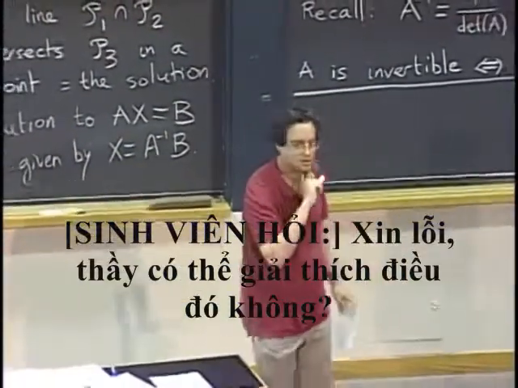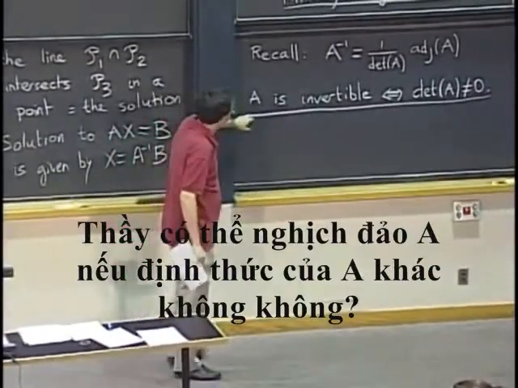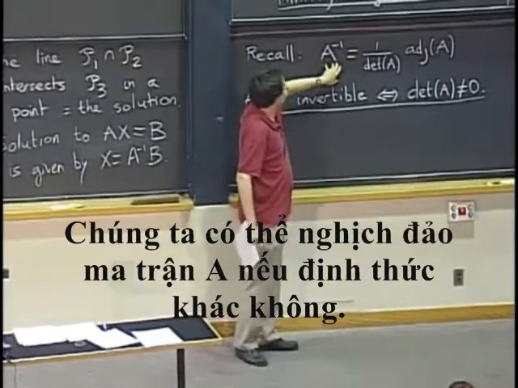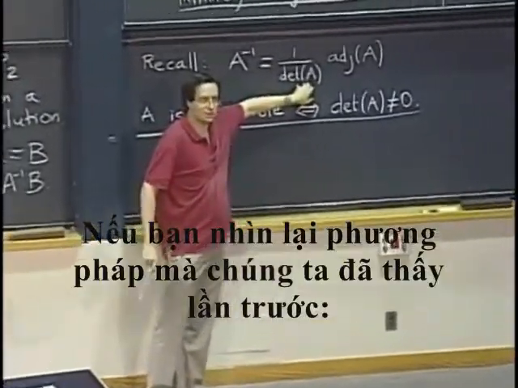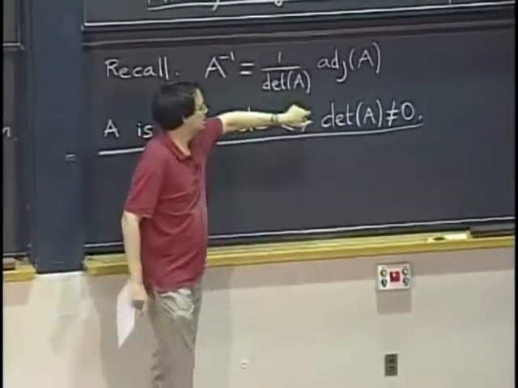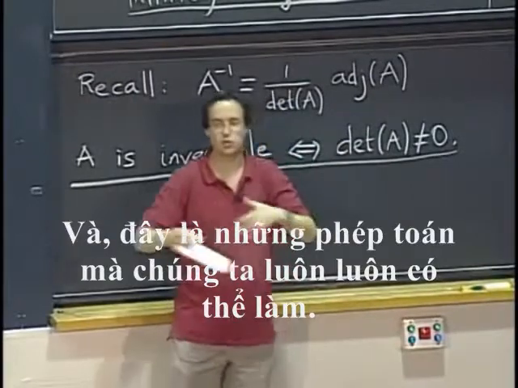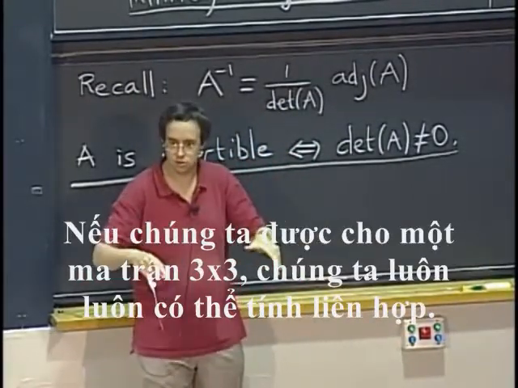Sorry, can you explain that? Like you can invert A if the determinant of A does not equal 0? That's correct. We can invert the matrix A if the determinant is not 0. Looking again at the method we saw last time, first we compute the adjoint matrix, and these operations we can always do. If we are given a 3 by 3 matrix, we can always compute the adjoint.